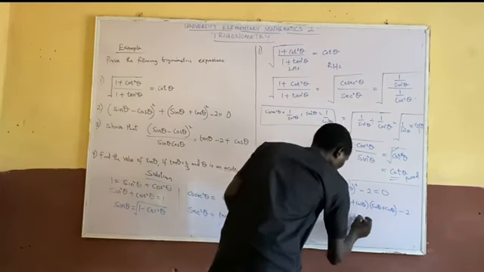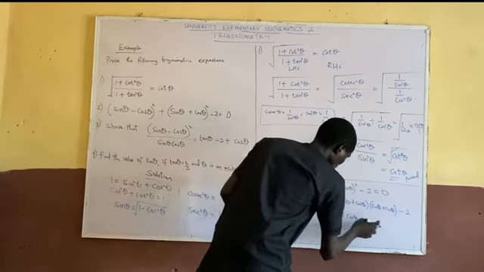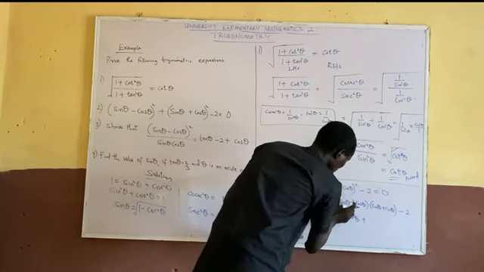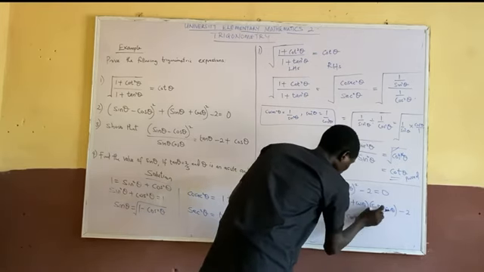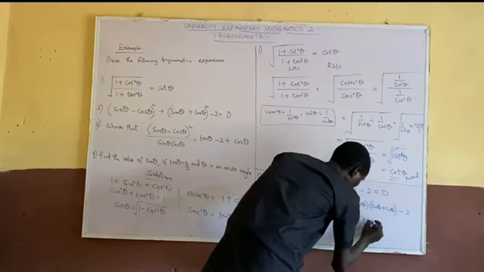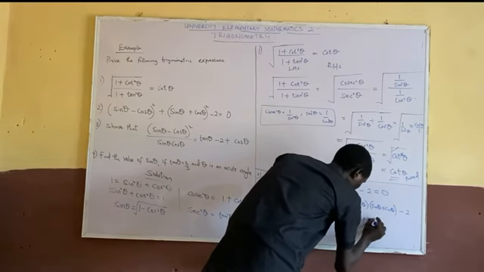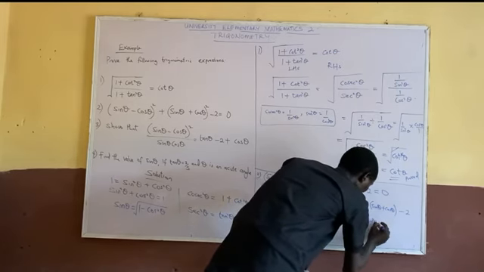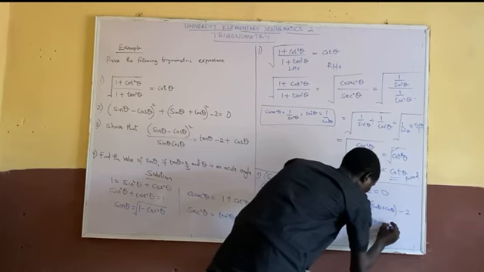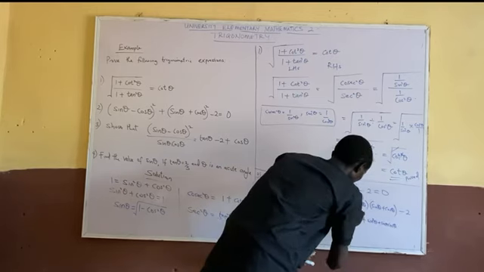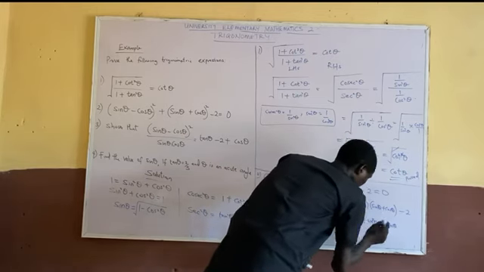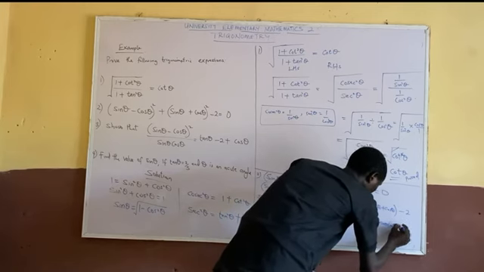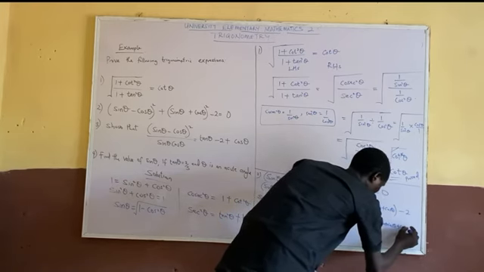Now plus, you have to be very careful, so this space can contain sin theta. The same thing happens with the sin theta times this one: we have sin square theta. Sin theta times this we have plus sin theta cos theta, plus cos theta times the same thing, we have plus sin theta cos theta.